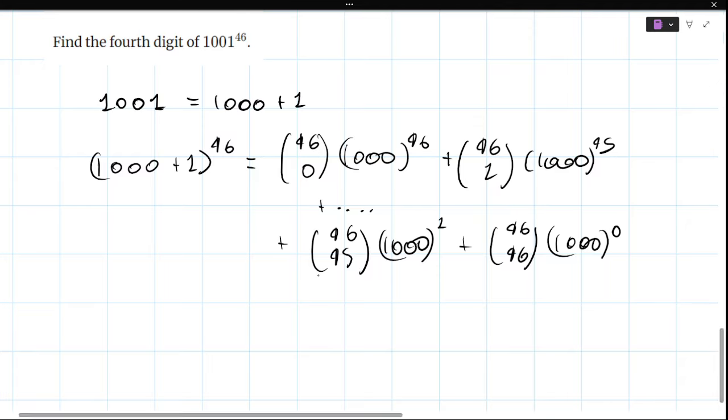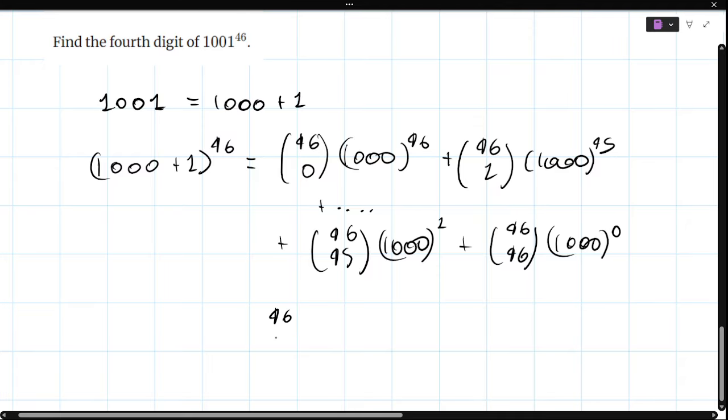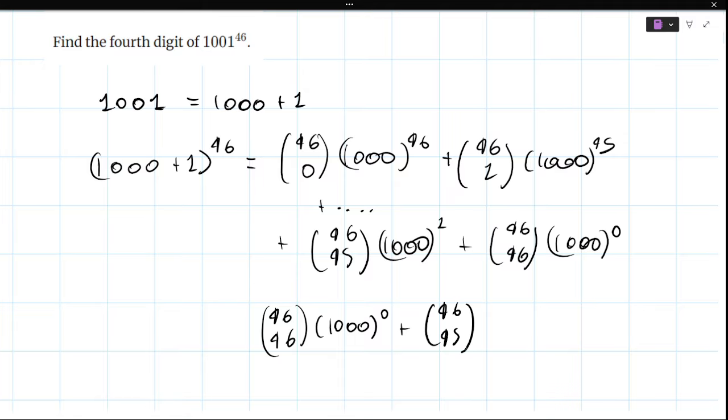And that is only the terms 46 choose 46 times 1000 to the 0, plus 46 choose 45 times 1000 to the 1. And we have 46 choose 44 times 1000 to the 2, which is not going to contribute towards my fourth digit.